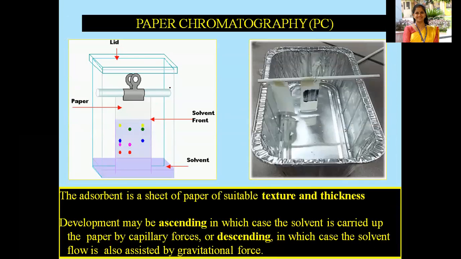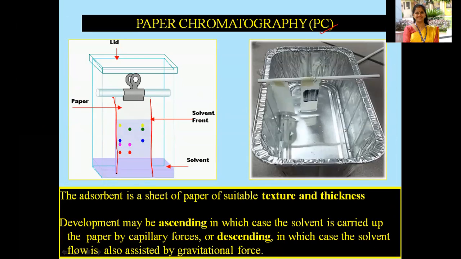Here you could see the representation of paper chromatography. In short, you can also call this PC, that is paper chromatography. As you can see here, this is the paper, that is the Whatman filter paper that has been taken here.